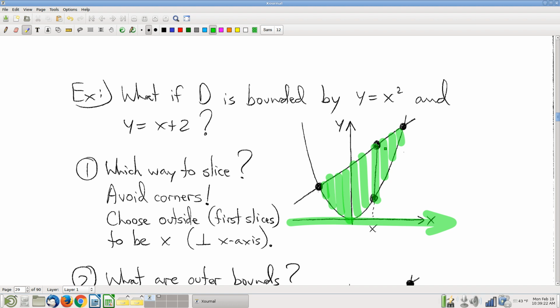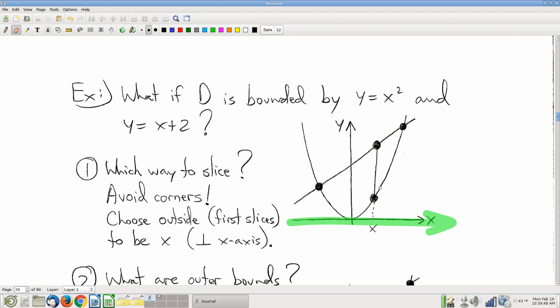The reason is that in this slicing process, it's the values of x that are dictating the slices. It's the values of x that you want to know the starting value and ending value of. x is what's relevant in this slicing process. So let's call them x slices, or at a minimum say x slicing, perpendicular to the x-axis.